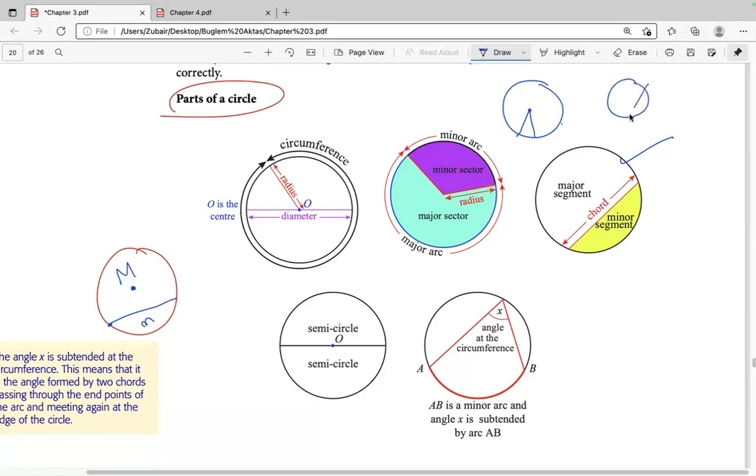And if we slice it like this, these are segments. Another example: a sector touches the midpoint, where the segment does not. In the case of a sector, we do have an angle between them. And in the case of a segment, it is just a straight line.